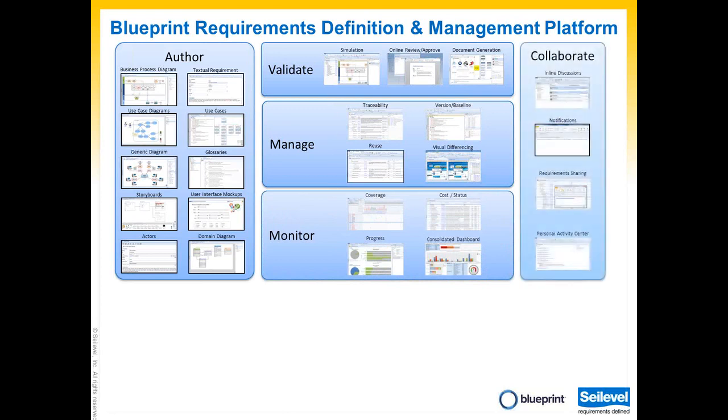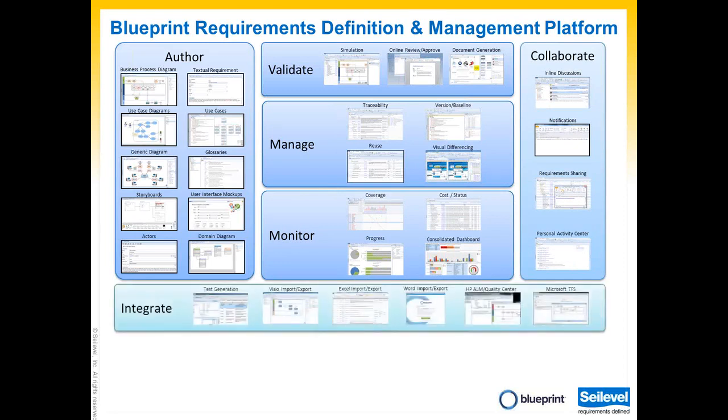It also lets teams, whether they're co-located or remote, collaborate on requirements using a range of built-in social features. Since Blueprint is totally focused on requirements and getting them right, we need strong integrations with tool sets in the rest of the life cycle.